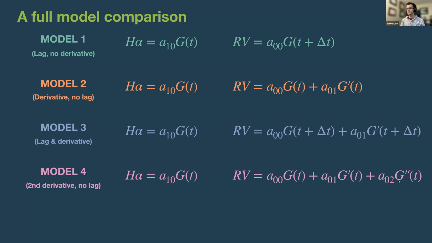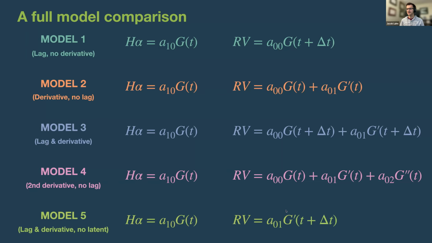So this one's motivated more mathematically than, say, physically. And then our final model is exactly what I showed on the previous slide, which was a lagged derivative only model.